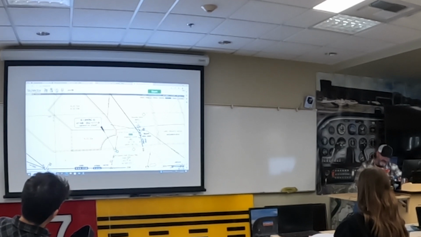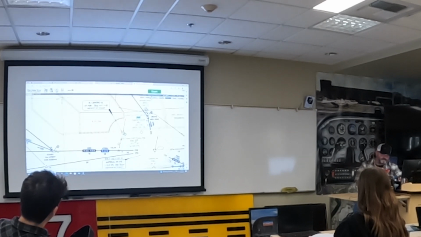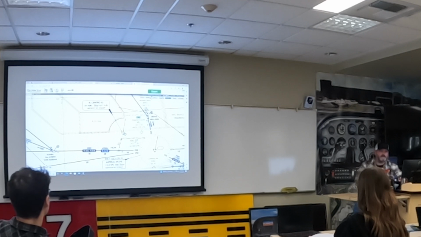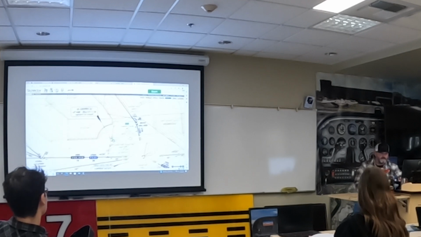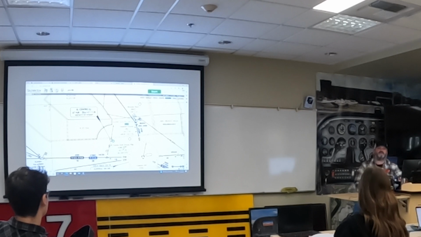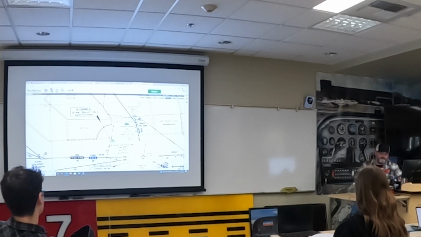We have MEA, we have MOCA, right, the M's. Now we have MRA, minimum reception altitude. What the FAA is saying on this one is it's the minimum altitude in order to positively identify an intersection.